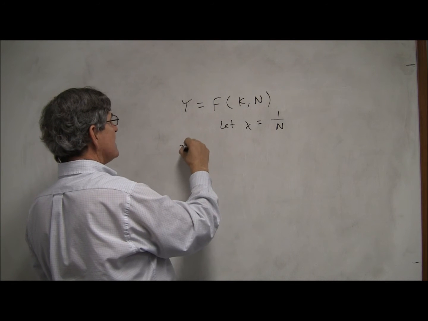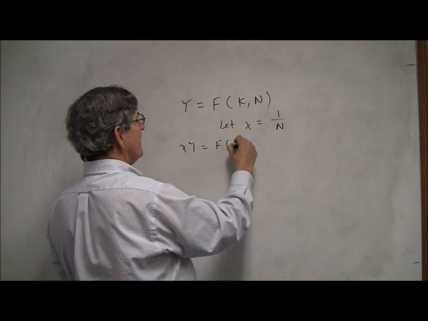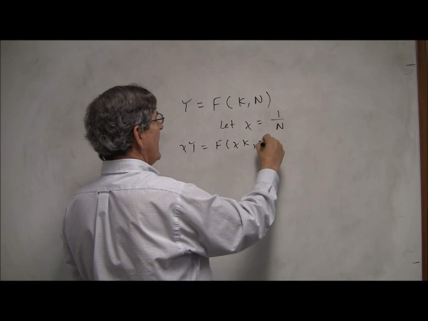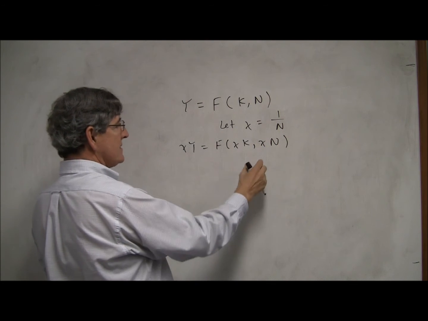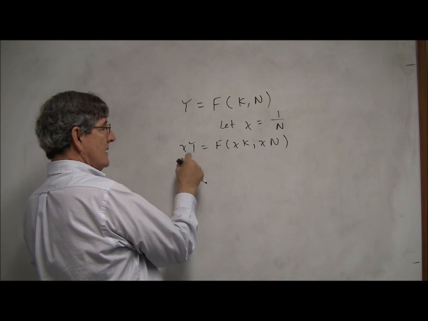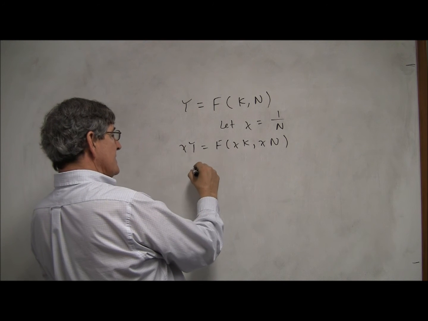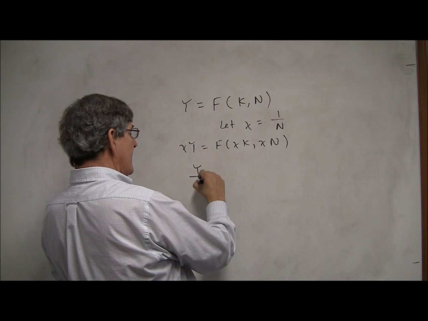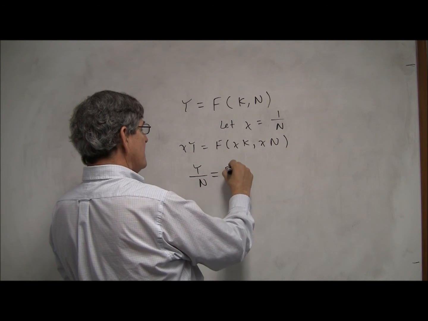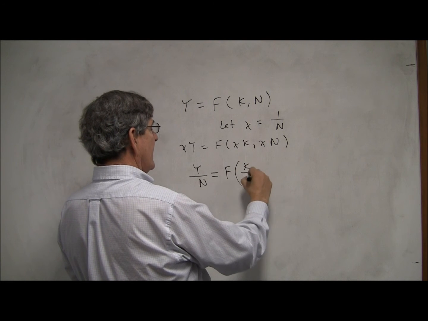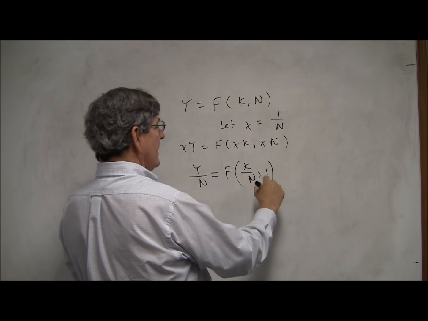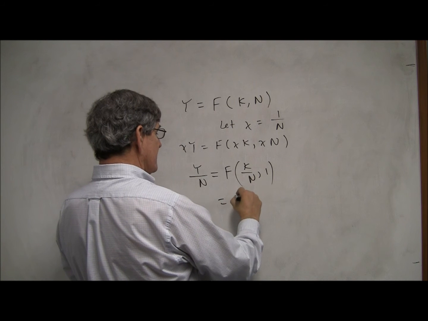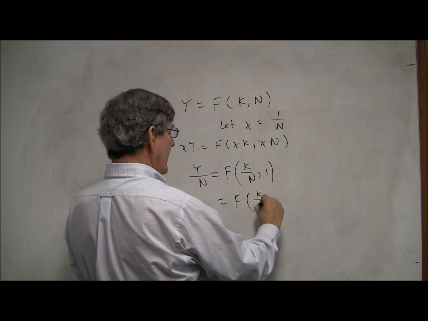Remember that xy is f of xk and xn if we have constant returns to scale. If I double both of these, I double this. Well, what this means is I can say that y over n is some function of k over n and 1. That's just a constant. So essentially, this is just a function of k over n.